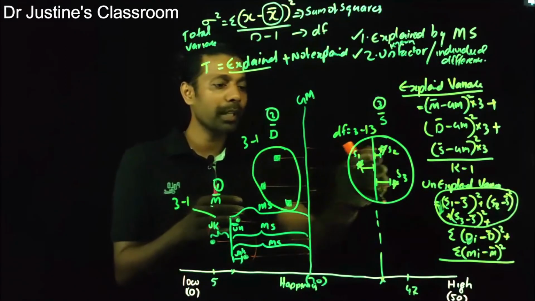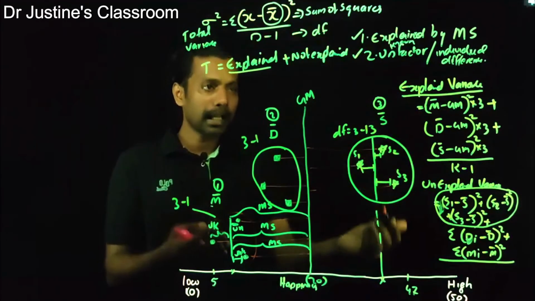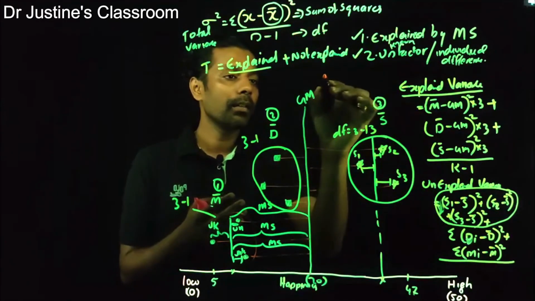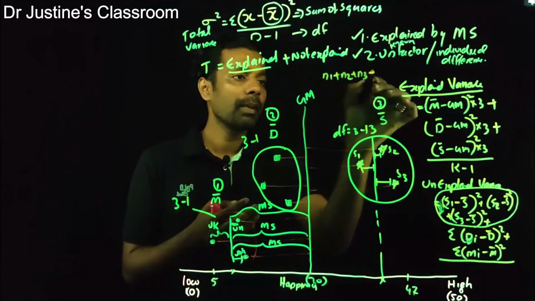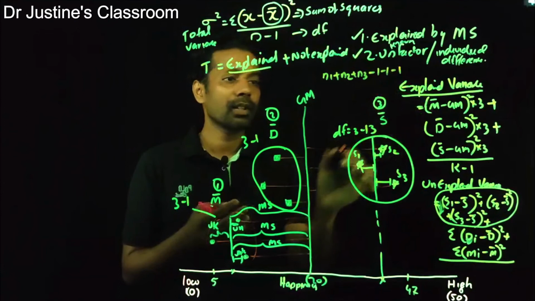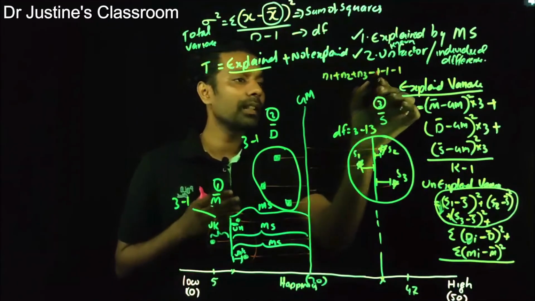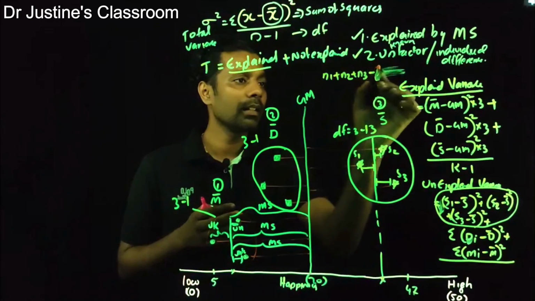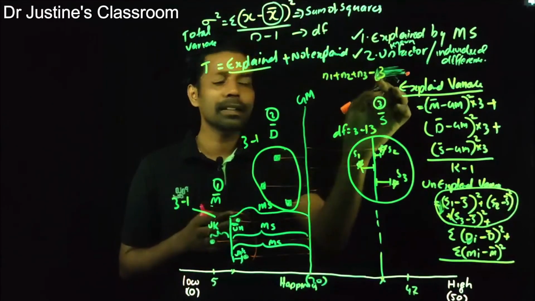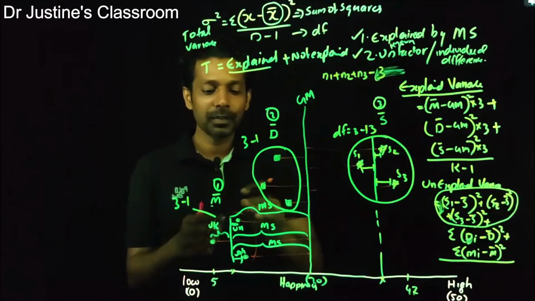That means each group minus 1 will be subtracted. That is n1 plus n2 plus n3 minus 1, minus 1, minus 1 together. Now this is basically 3, right? What does this 3 indicate? 3 indicates 3 groups, right?